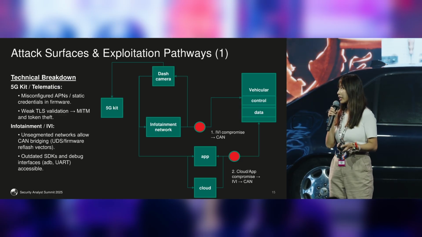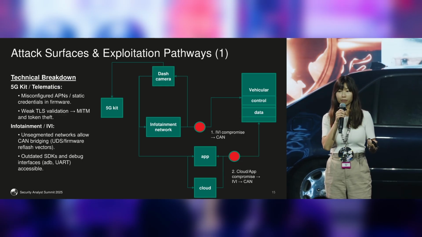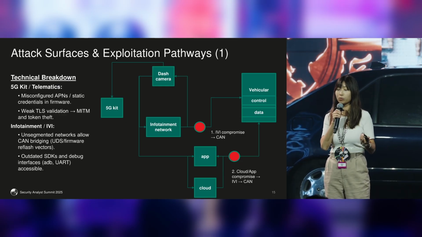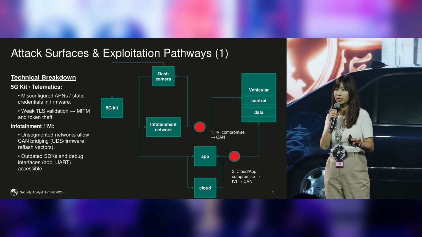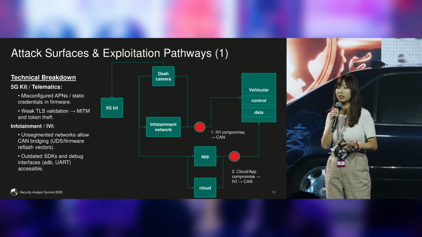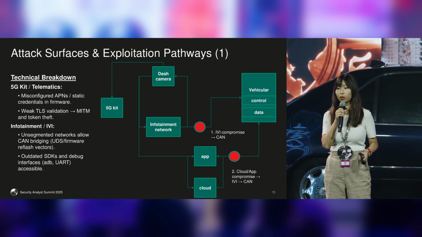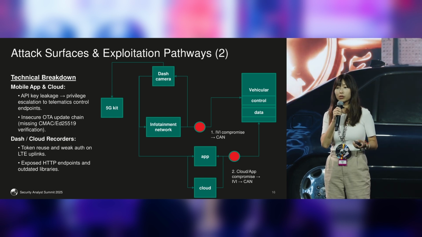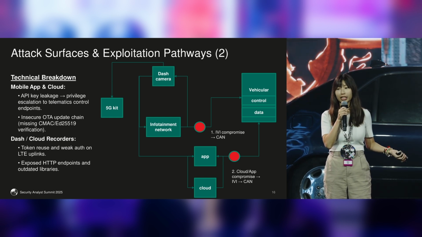For internal vectors such as your infotainment system, having unsegmented networks will allow easier lateral movement, such as CAN bridging, or even having outdated SDKs or libraries and debug interfaces that are not sanitized properly will also result in further compromise.